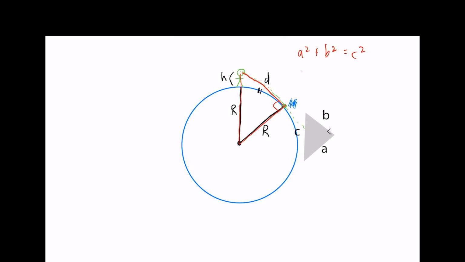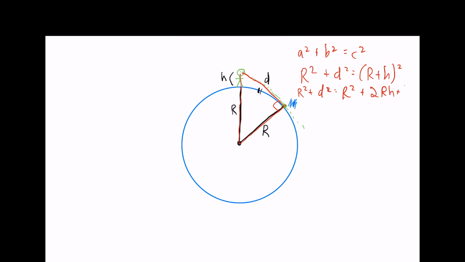Now, for our picture, if we swap in our values, that's r squared plus d squared equals (r plus h) squared. We'll expand that out a little bit. R squared plus d squared equals r squared plus 2rh plus h squared. Now we can simplify. These r squareds cancel out.